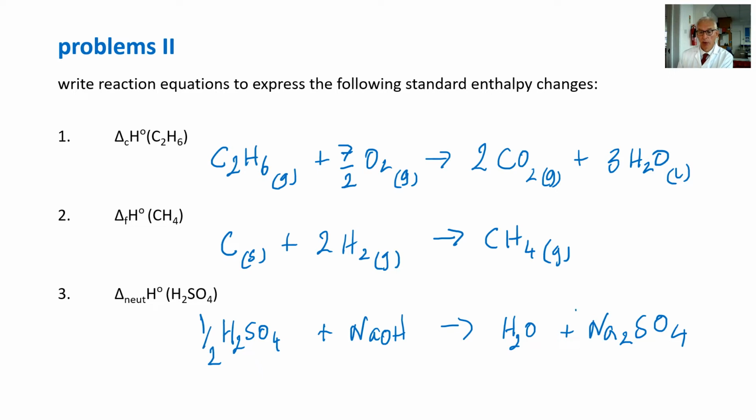So that will only form to balance half a mole of sodium sulfate. This takes place in aqueous solution. Water is a liquid. So there are our equations that express those enthalpy change values.